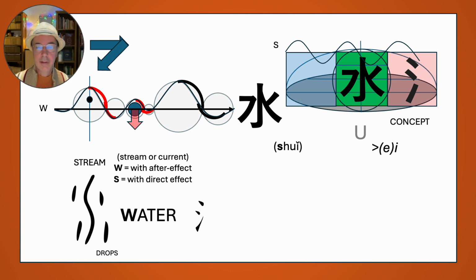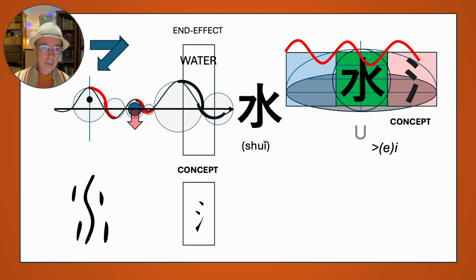The same thing is also in the Chinese word and symbol. And it focuses also on the last effect, the end effect, which is also the basis for the conceptual idea of this. Going out of the flow, you have the drops of water where it breaks apart, but you can sense that there as well.